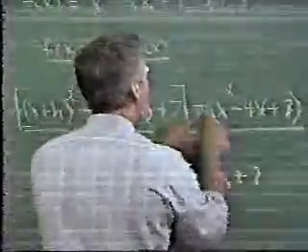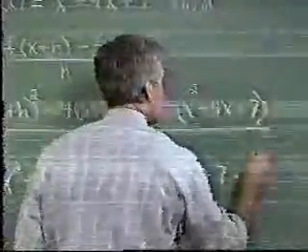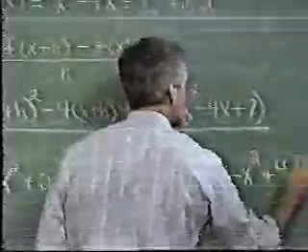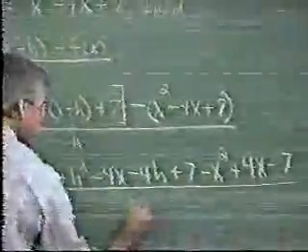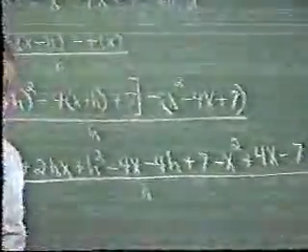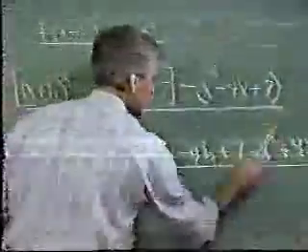Now, the negative 1 times every term in the parenthesis simply changes all of the signs, so I get minus x squared plus 4x minus 7, and all of this is over h. Let's collect. We have x squared here and a negative x squared over here, so those will take each other out.